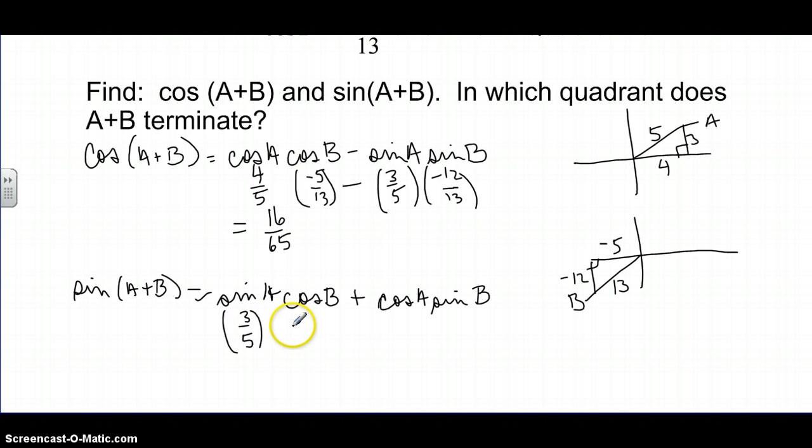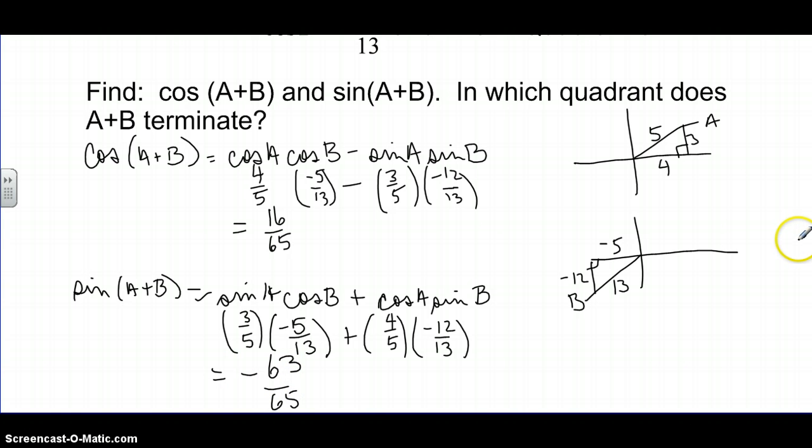Cosine of B is negative 5/13. Cosine of A is 4/5. Sine of B is negative 12/13. So now again, if I simplify, I get negative 63 over 65.